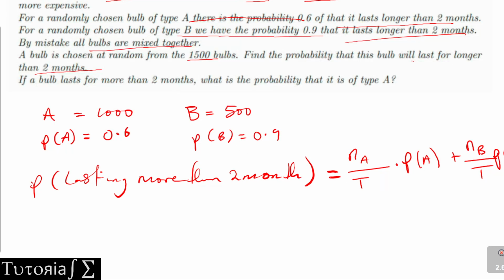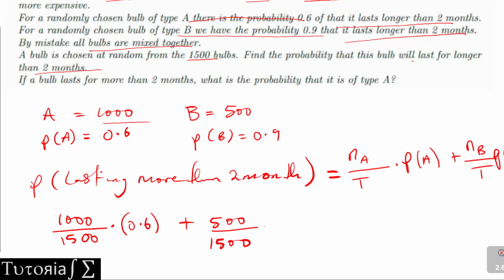The number of elements in A is 1,000, and the total number, when we combine these two, is 1,500, times the probability of A, which is 0.6, plus the number of elements in B, which is 500, divided by the total number, 1,500, times 0.9.